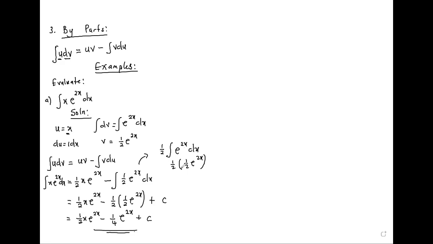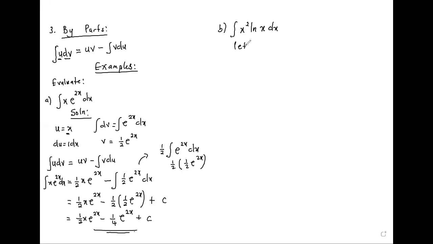Another example, the integral of x squared ln x dx. Here, if you let ln to be your dv, you can have serious issues in integrating it.